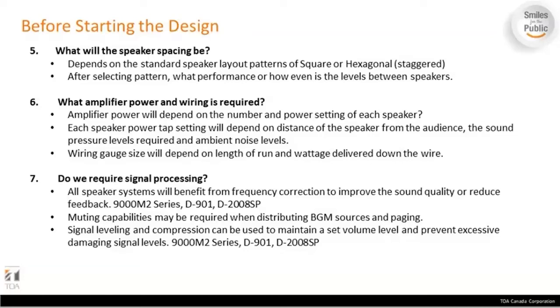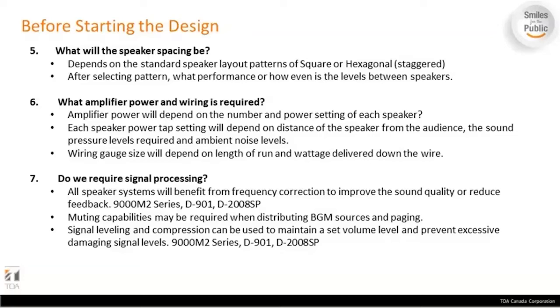Also, the most important part is for us to know whether the client needs a very high-end audio system, which is precise, which is accurate, which sounds very good. All this can be done when we look at the minuscule details of signal processing.